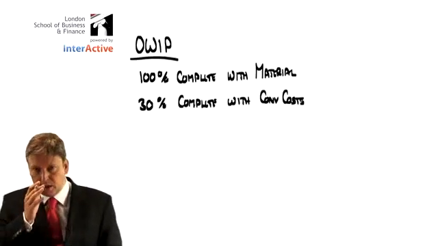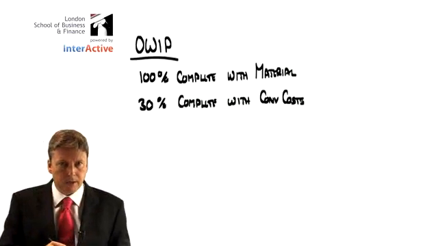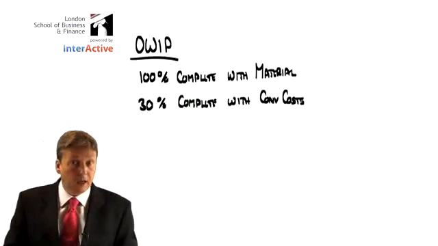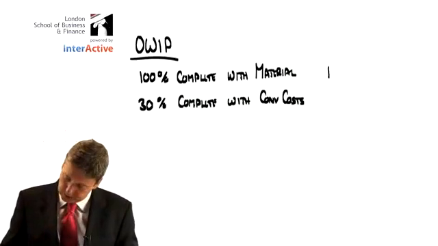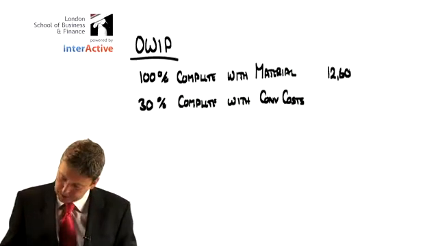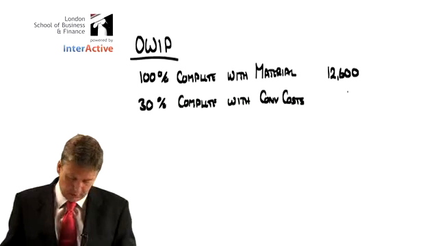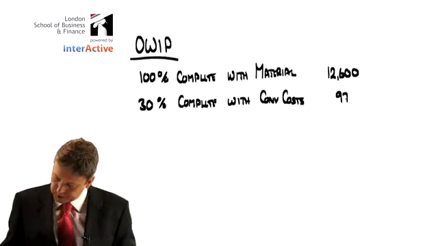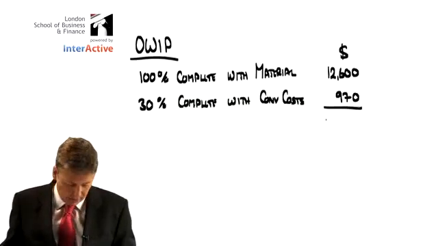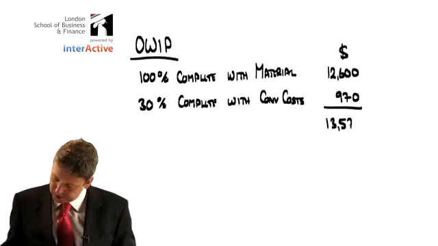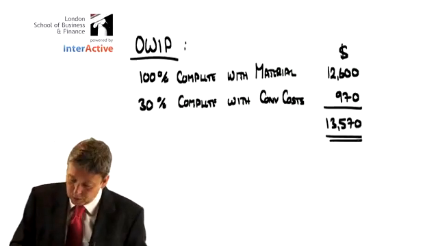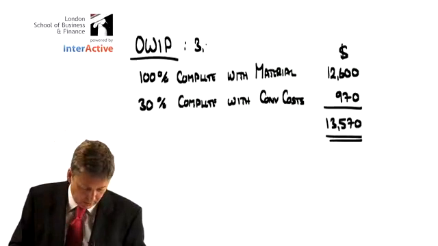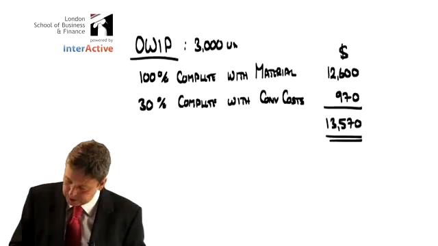What we're going to see is that we're going to have to do this in two ways. So we have to get a little bit more information as well. If we were to look at the cost, the direct material cost was $12,600 and the conversion costs were $970. If you wish, in total, we get $13,570. And the final piece of information, of course, is how many physical units. We have 3,000 units here.